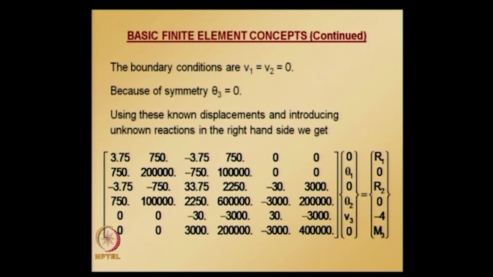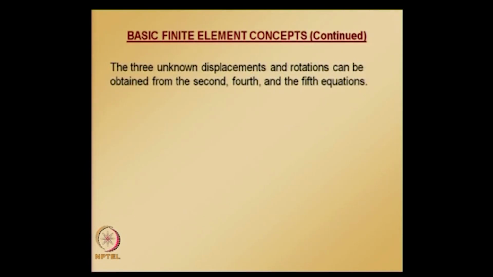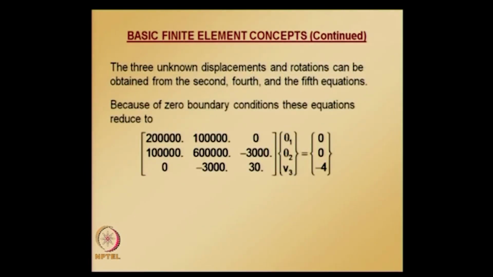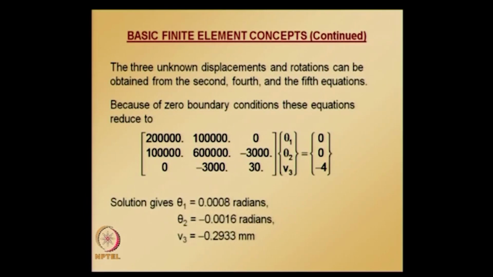So we can eliminate rows and columns 1, 3 and 6 and get the reduced equation system. Solving this reduced equation system, we get theta 1, theta 2 and the vertical transverse displacement at node 3. The solution of this equation system gives us these values. Please note that rotations are in radians.